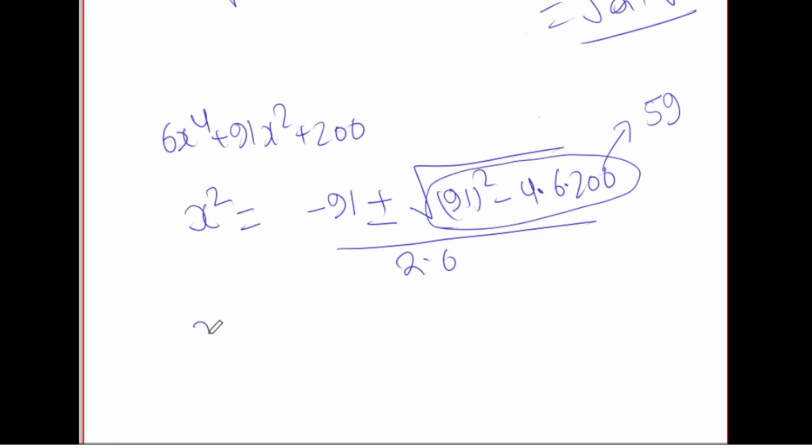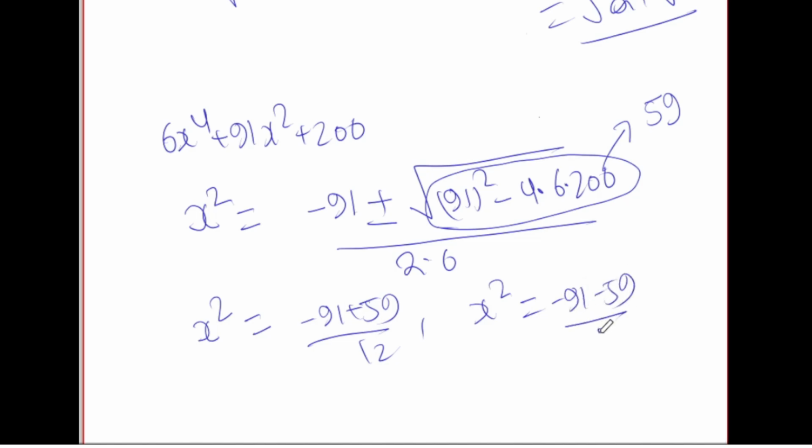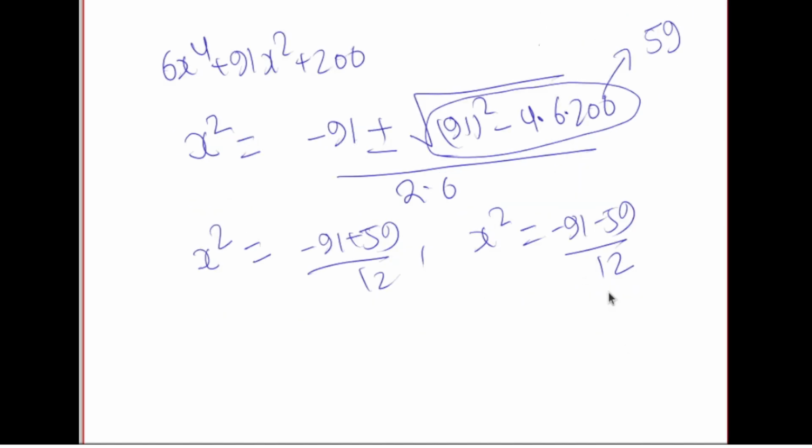So x square equals minus 91 plus 59 over 12, and the other one is x square equals minus 91 minus 59 over 12, right? Now if you further simplify this, you will get x square equal to minus 8 by 3, and the other x square equal to minus 25 by 2, right?